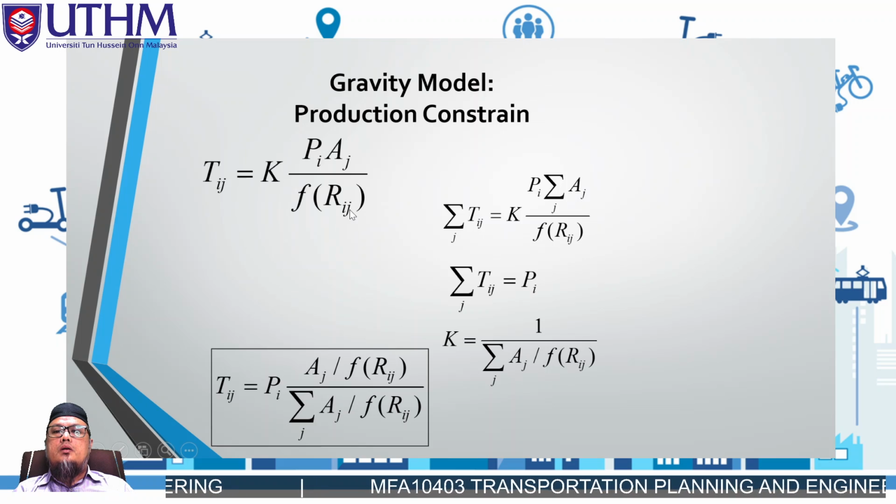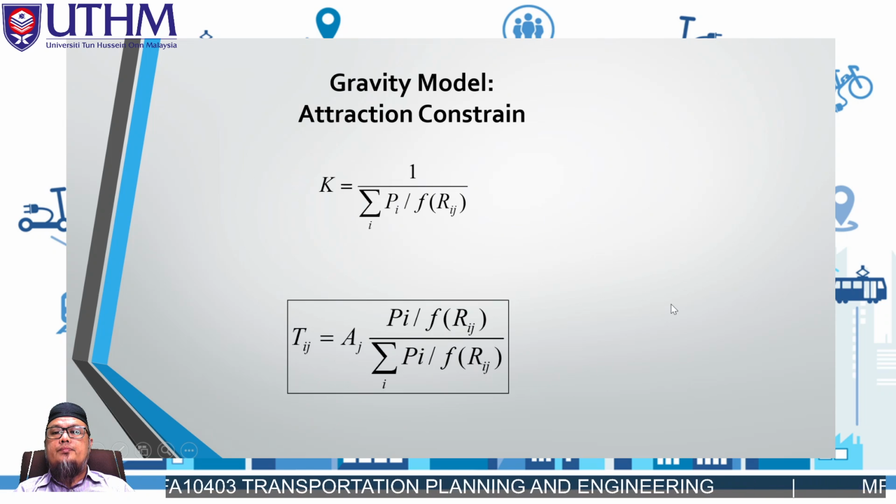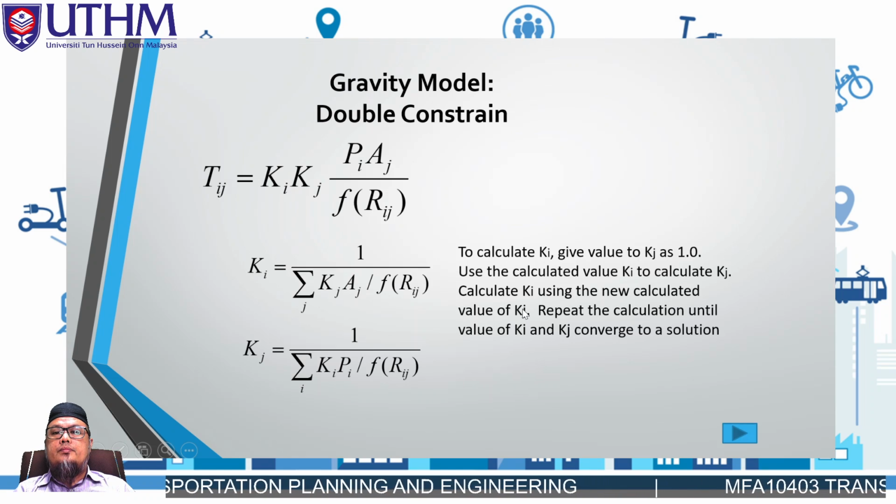If you have production constraints, we add some more function. For attraction, we're going to use this one. For double constraint, we can put in an additional value to represent this kind of double constraint.